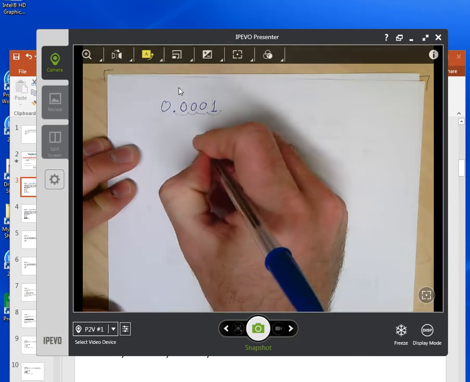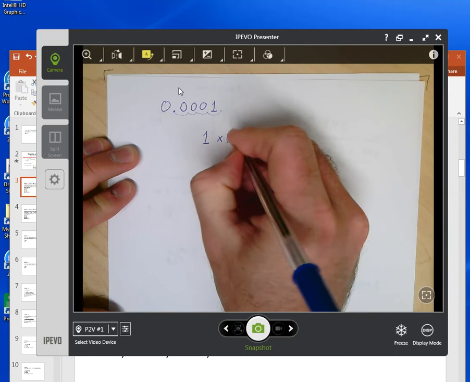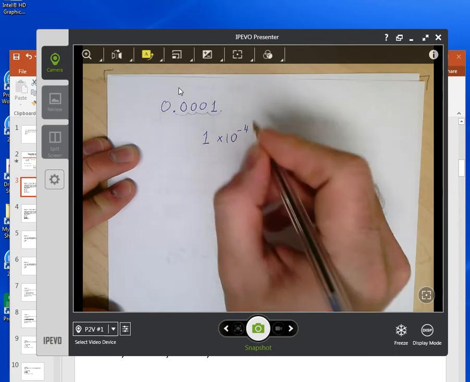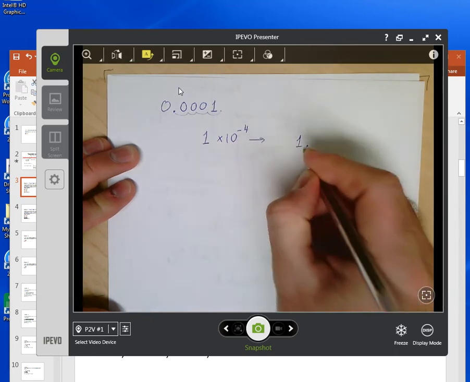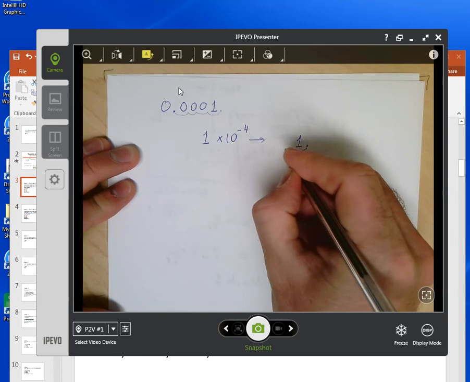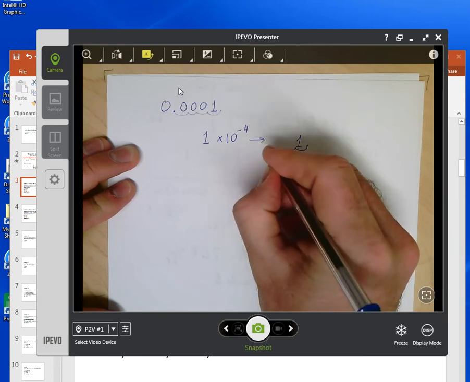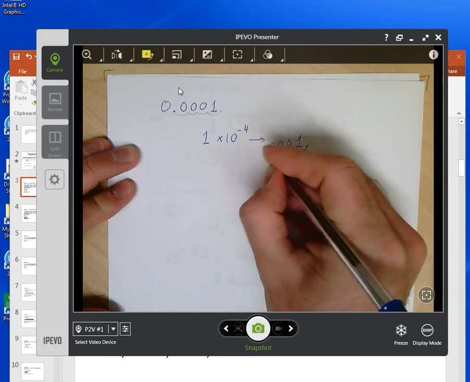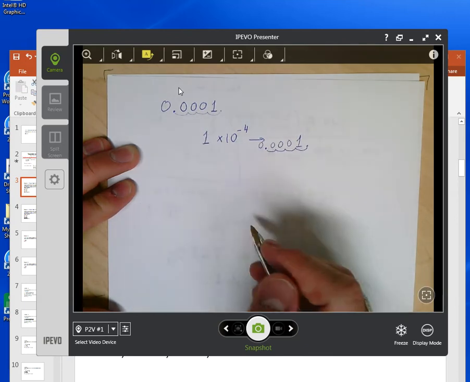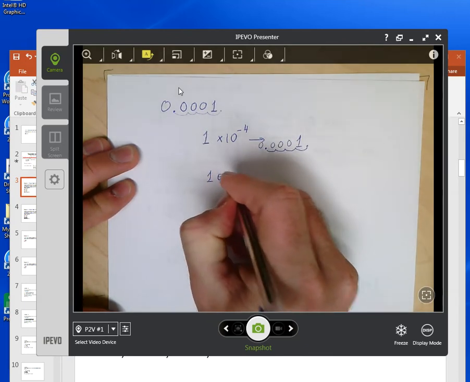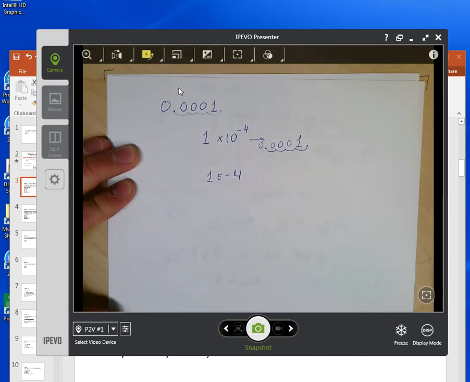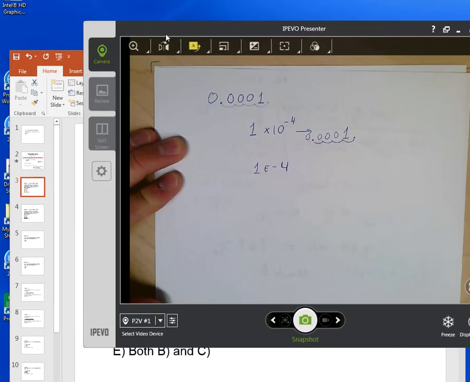So that means that's like taking the number 1 and multiplying by 10 to the minus 4. Let's see if that gets me there. So here's my 1 and times 10 to the minus 4. 1, 2, 3, 4. Correct. That looks like it's the right answer. So 1 times 10 to the minus 4, or also 1e minus 4. All those are equivalent representations of this.